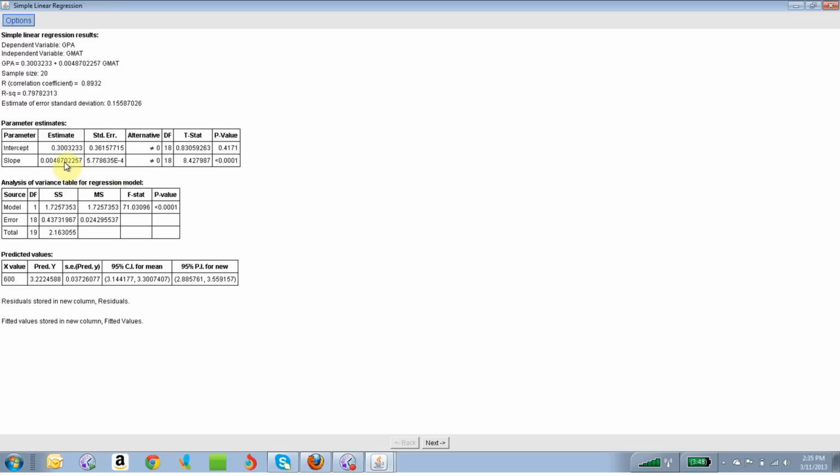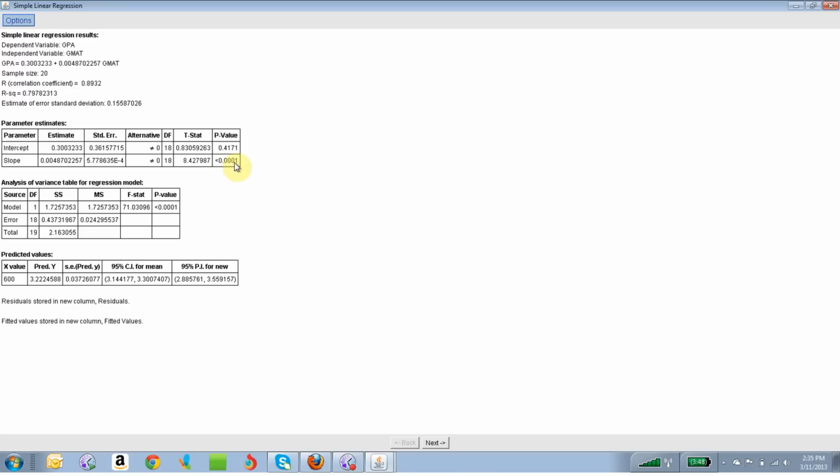So if I divide the slope, which is known as b1, by the standard error of the slope, Sb1, I come up with the t statistic, which is 8.4279. And obviously, it came up with a p-value. It's very, very small, less than 0.0001.